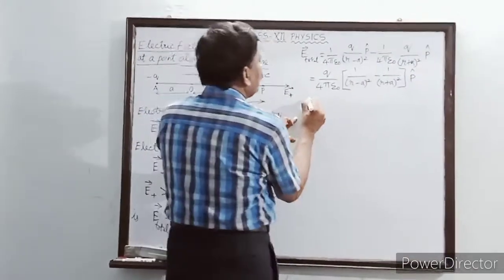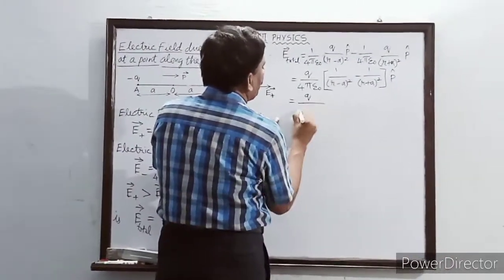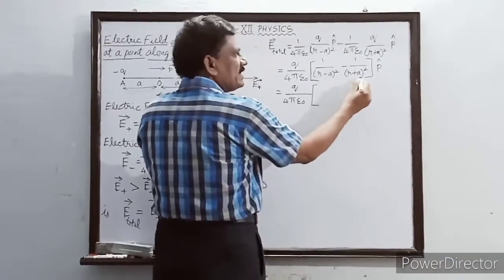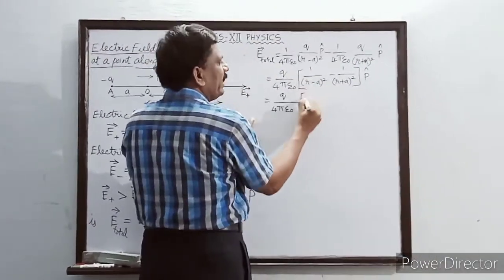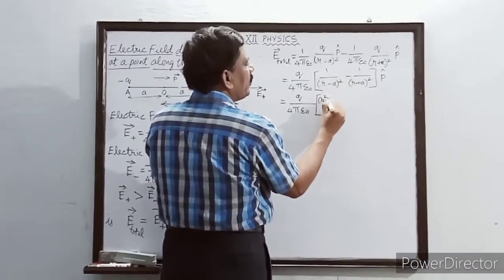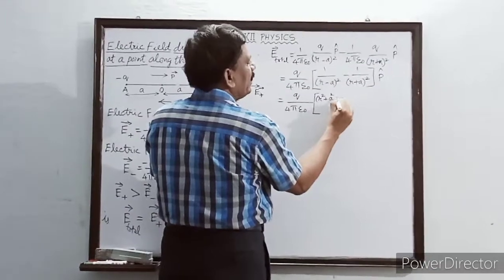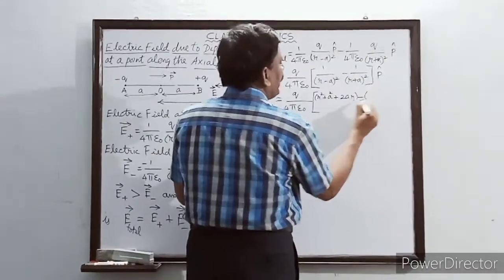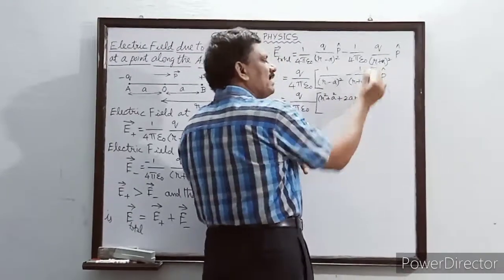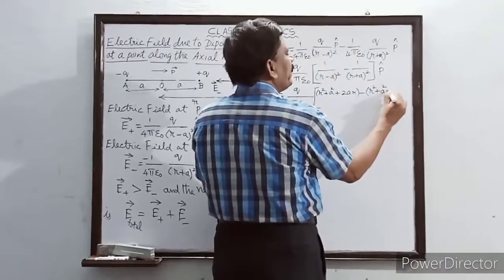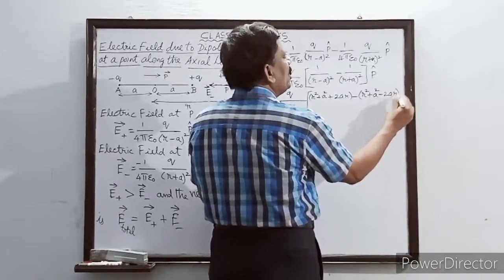So this is equal to Q divided by 4 pi epsilon naught into, this term R plus A whole square is going to the left. So R plus A whole square is equal to R square plus A square plus 2A into R, and minus of this, R minus A whole square is coming to the top. So this will be R square plus A square minus 2A into R.